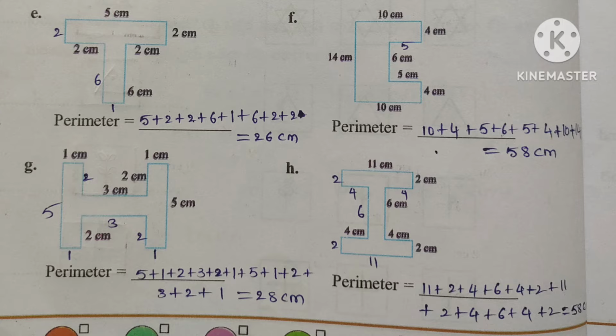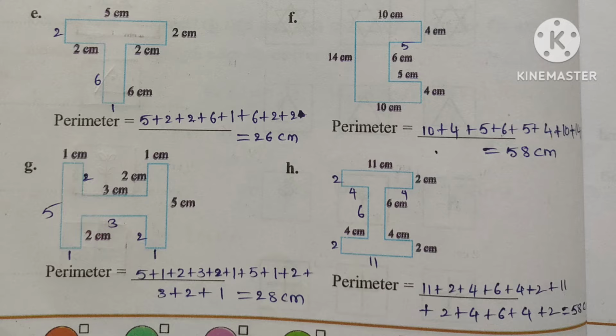Figure E, here the given shape is a T shape, so the perimeter of this one equals 5 plus 2 plus 2 plus 6 plus 1 plus 6 plus 2 plus 2 equal to 26 centimeters. And F, perimeter of F equals 10 plus 4 plus 5 plus 6 plus 5 plus 4 plus 10 plus 14 equal to 58 centimeters.